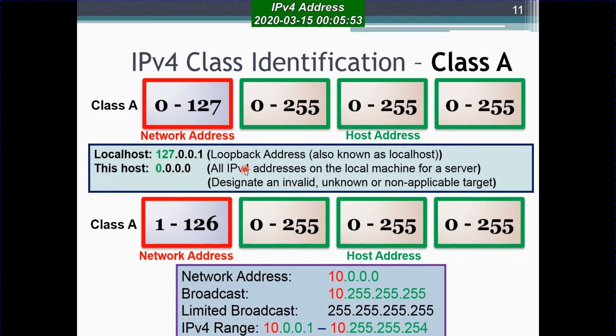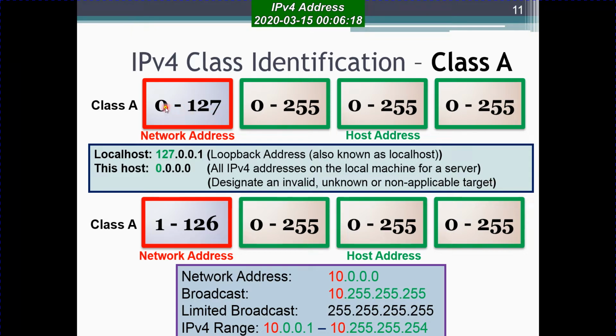In the case of a machine acting as a server with many network interface cards, if you use the IP address 0.0.0.0, you are referring to all IP addresses assigned to the various network interface cards of this multi-homed server. Also, 0.0.0.0 is used to designate an invalid, unknown, or non-applicable target.